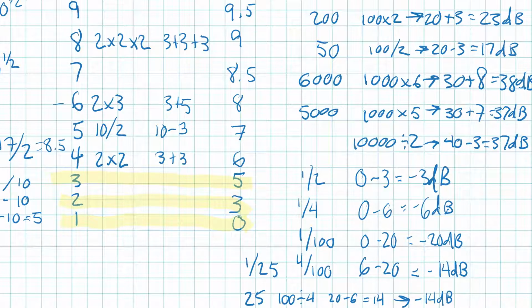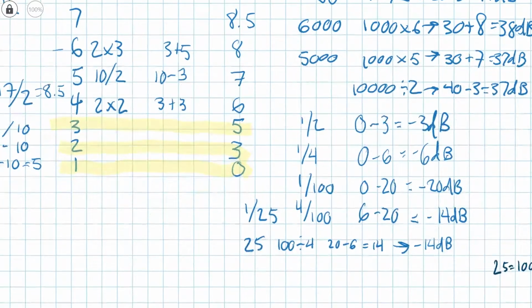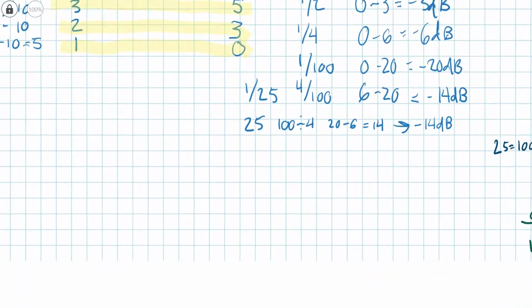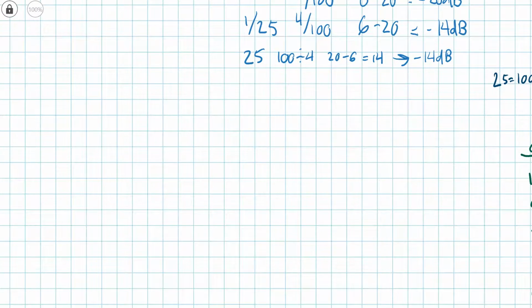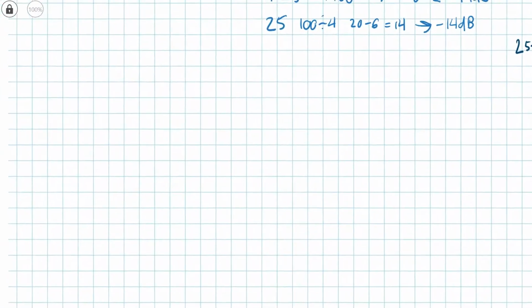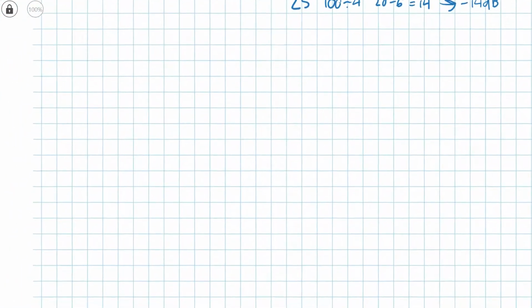Often, the more pressing question is going the other direction. That is converting from dB back to a ratio. And so let's see how we can do that quickly in our head as well.